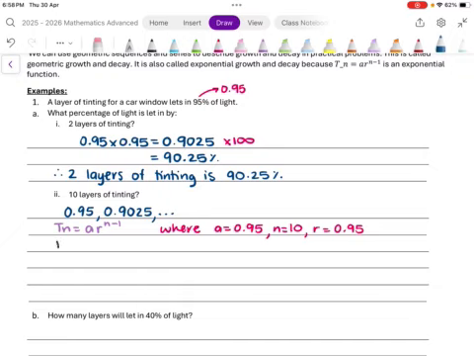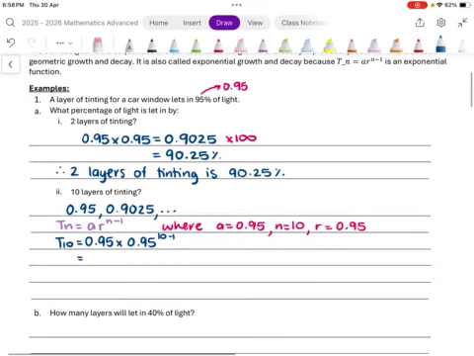This then gets us that T10 equals 0.95 times 0.95 to the power of 10 minus 1. This is then just 0.95 times 0.95 to the power of 9, which is the same as 0.95 to the power of 10, using our index laws.